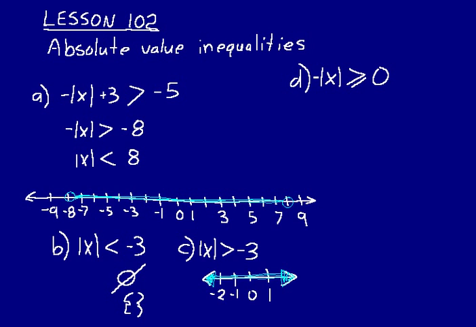Let's do one more. Minus the absolute value of x is greater than or equal to 0. Well, we need to get rid of that minus sign, so we multiply both sides by a -1, and that reverses the inequality. So we have absolute value of x less than or equal to 0. Now, let's go ahead and do a number line.